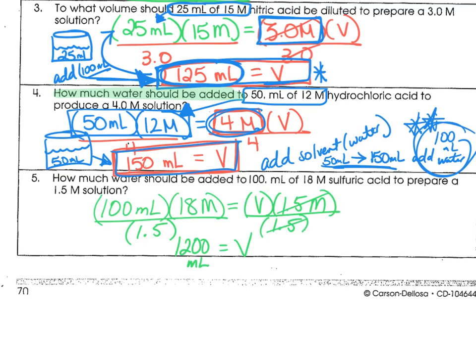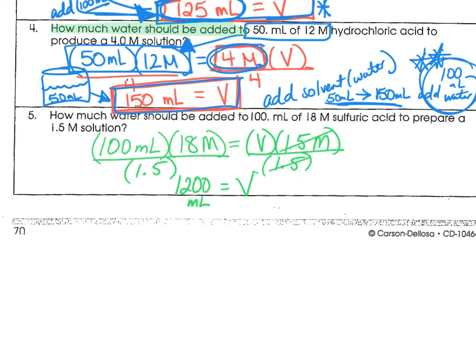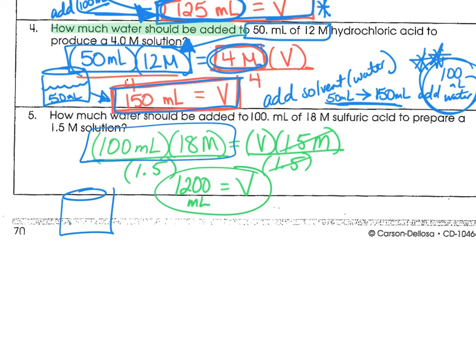So for the last problem, you should find that your final volume has to be 1200 milliliters, but it wants us to figure out how much water should be added. So remember, I went into the storeroom and I got 100 milliliters of this solution. So what I have to do is add water until I get up to the solution of 1200 milliliters.